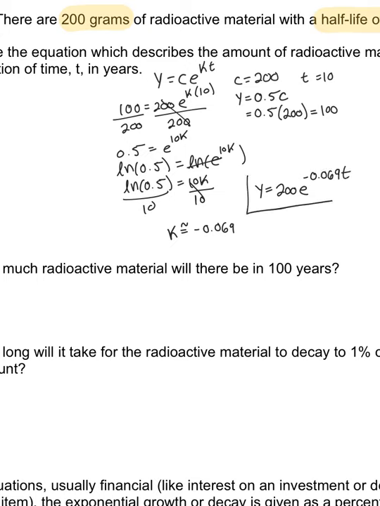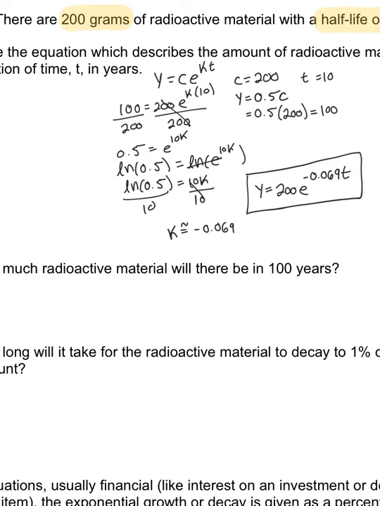So whenever you're writing these equations, the letters that should be left in there at the end should be y, e, and t. If you don't have all three of those letters, go back and rewrite it so that it looks that way. Okay, so how much radioactive material will there be in 100 years?